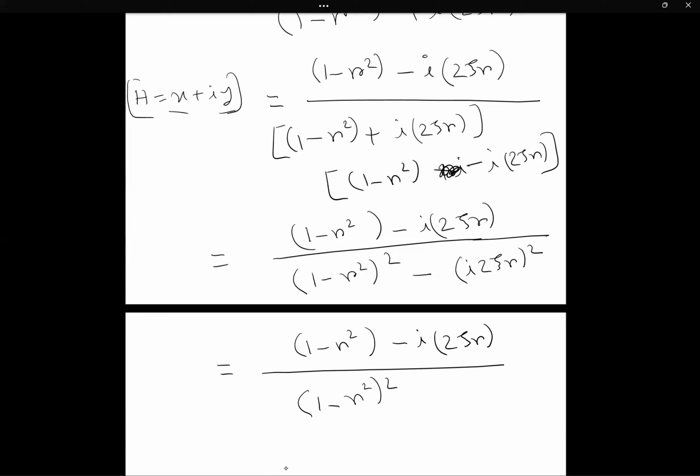We know i square equals minus 1, so it will be plus 2 zeta r whole square.